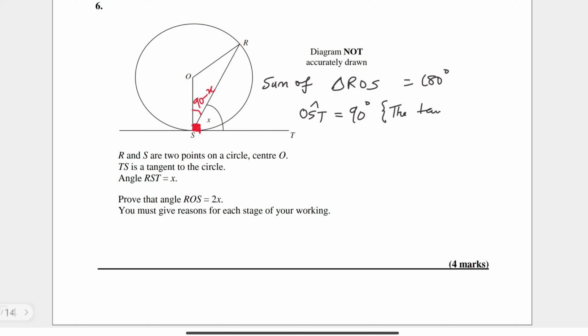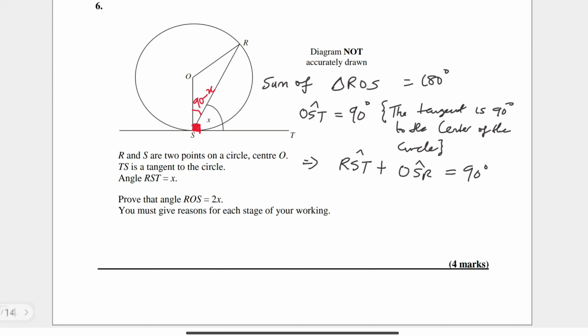The tangent is 90 degrees to the center of the circle. So we already have that. So that implies that RST plus OSR is going to be equal to 90 degrees.